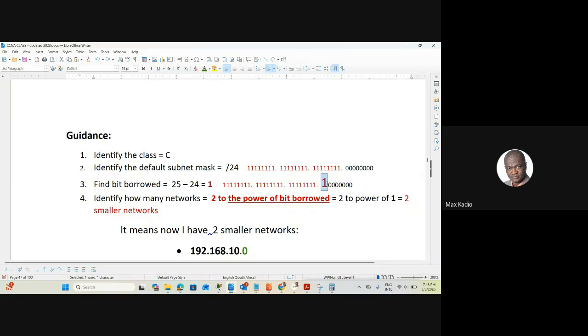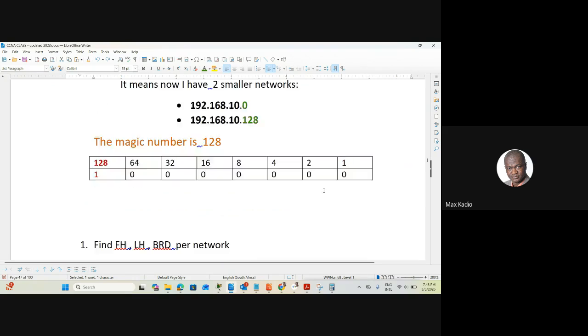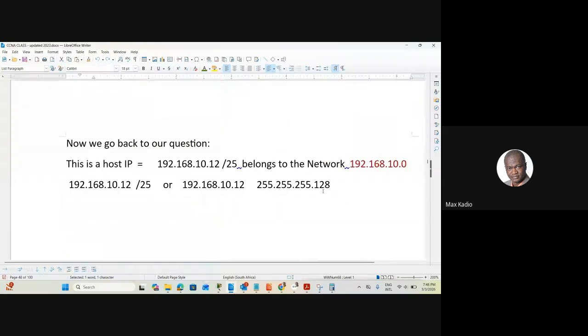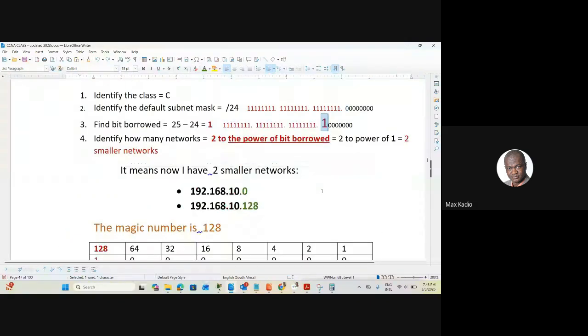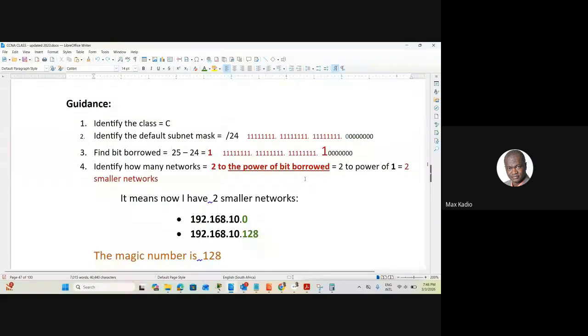Next time, we'll do /26, and we'll do /27. We go step by step. I'll show you something else next time. But your question is good. We're going to do another example where it should be /26 or /27. It's the same thing, the same formula.